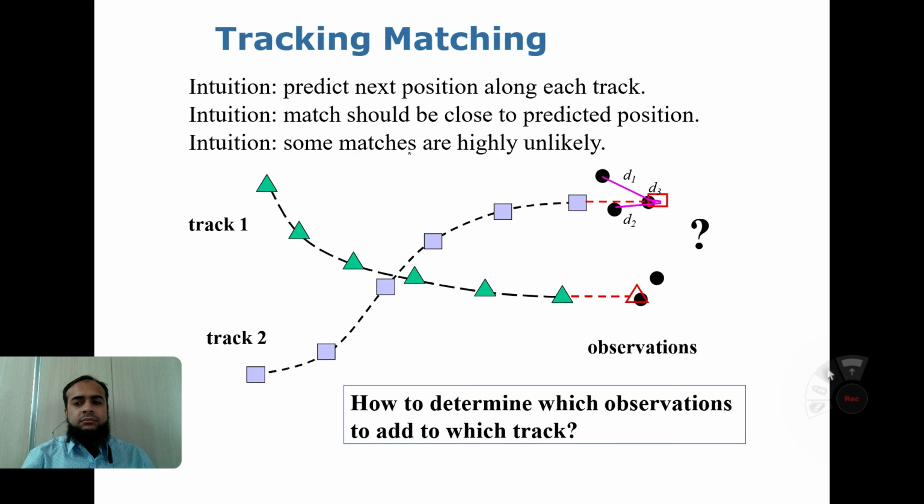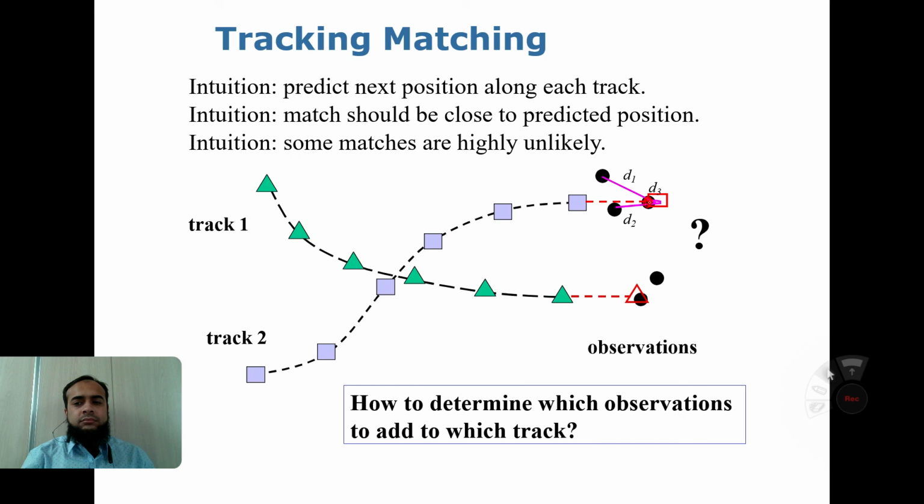Now some matches are highly unlikely. Here some measurements are highly unlikely, and we cannot select those measurements which are unlikely, and we should select those measurements which are highly likely. So here the most likely match is this measurement.